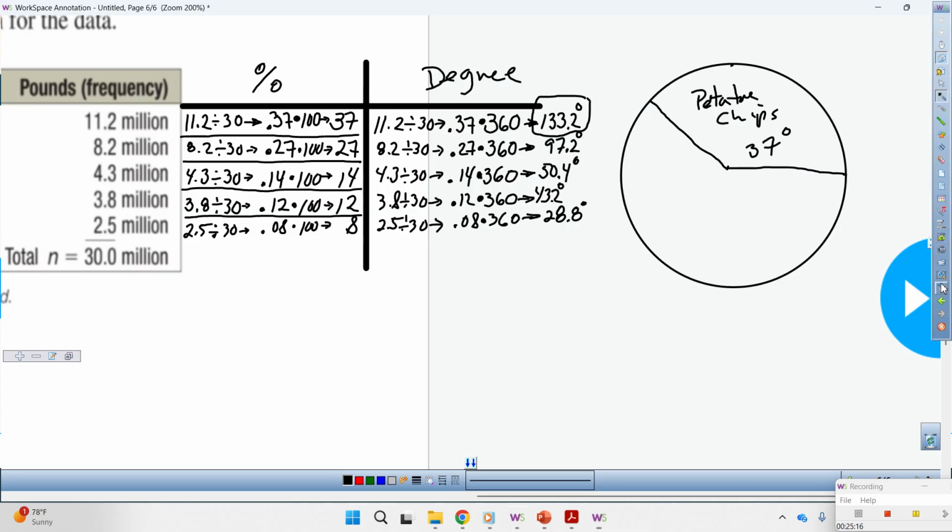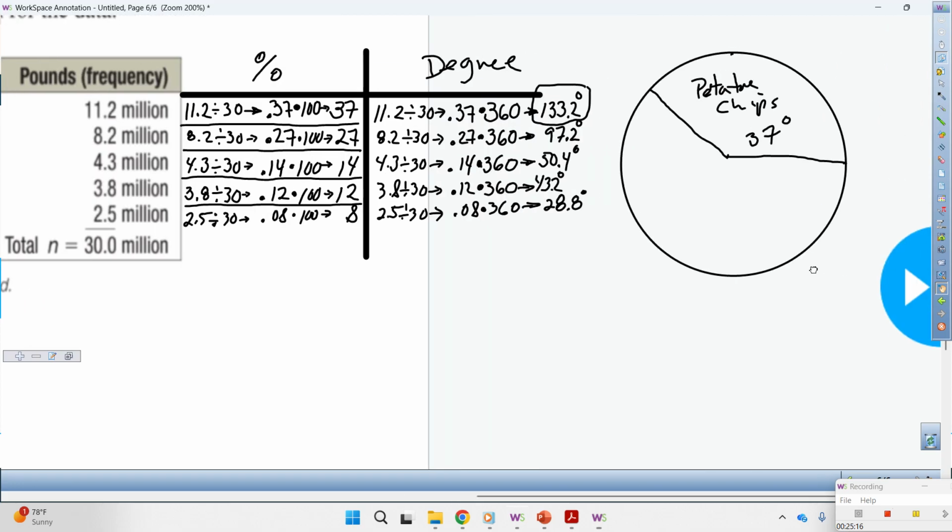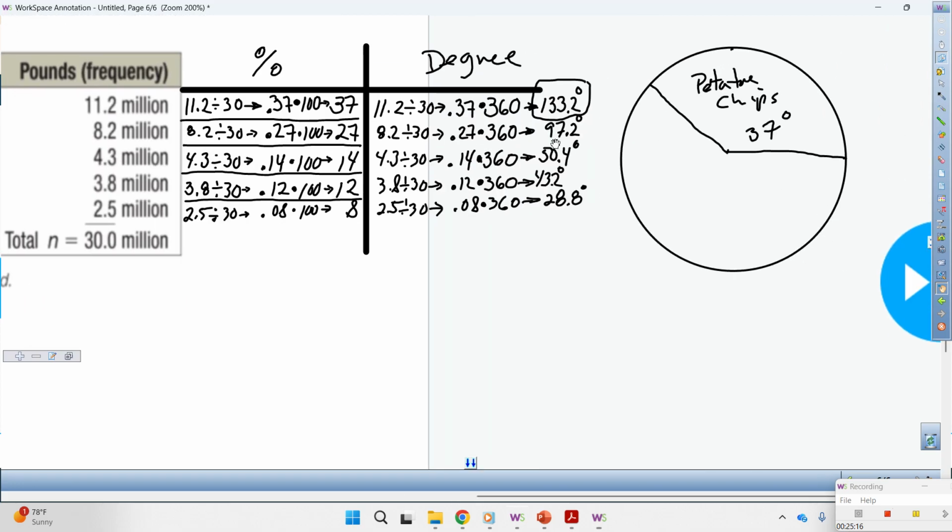Go to the next category. Next category is tortilla chips. Tortilla chips is 97 degrees. So check this out. If I go straight down, that's 90. But if I go a little bit to the left.